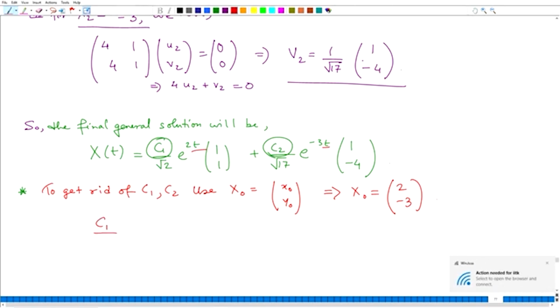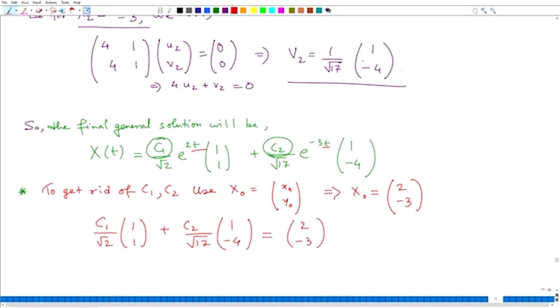So, C1 over root 2 times (1, 1) plus C2 over root 17 times (1, −4) is equal to (2, −3). If you calculate, just to simplify the scene, you can define C1 over root 2 as C1 prime and C2 over root 17 as C2 prime, and finally you will have two equations.